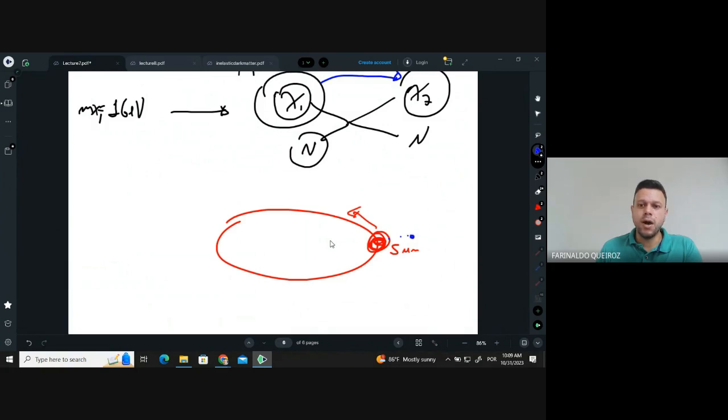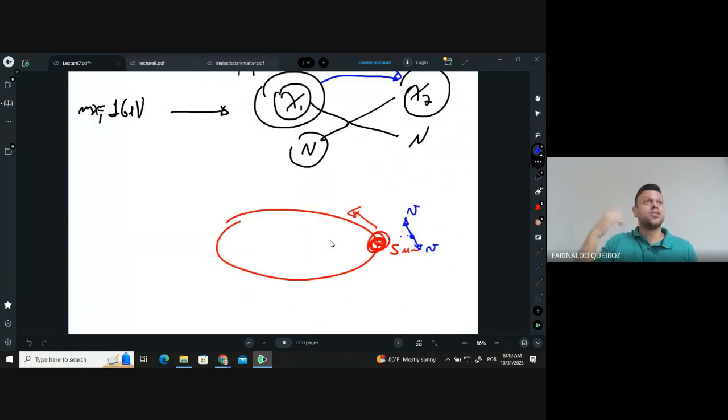So at some point, the velocity of the Earth goes in the same direction as the sun. Sometimes it's moving in the opposite direction of the sun. So half of the year, the Earth is moving in the same direction as the sun. The other half it's moving in the opposite direction.